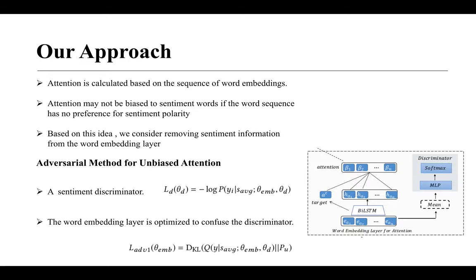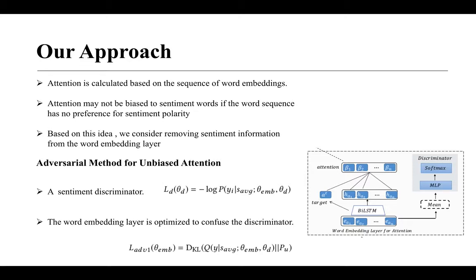The KL function has two inputs, Q and P. Q represents the probability distribution which is output by the discriminator. P is the uniform distribution.